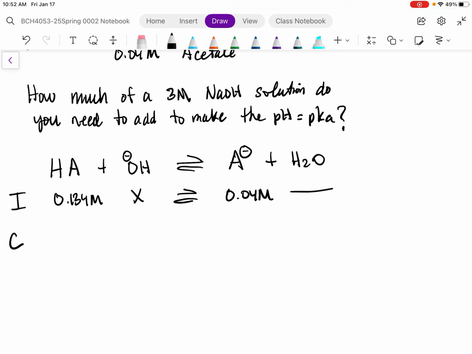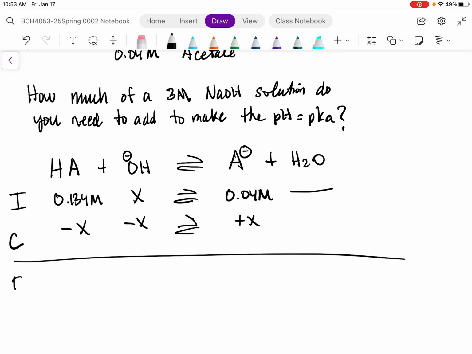So the change: the base is going to react with our HA. For every mole of hydroxide, we're going to lose a mole of HA. And when we add the hydroxide to the solution, we're going to use that hydroxide, so that's going to disappear. Then for every mole of hydroxide added, we're going to generate another mole of our conjugate base.